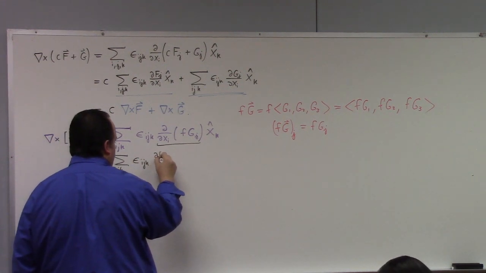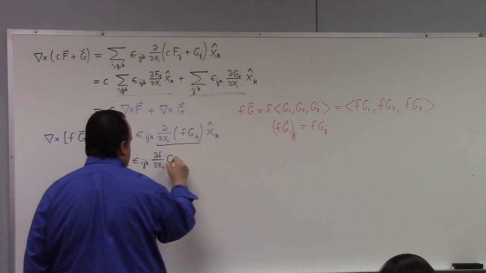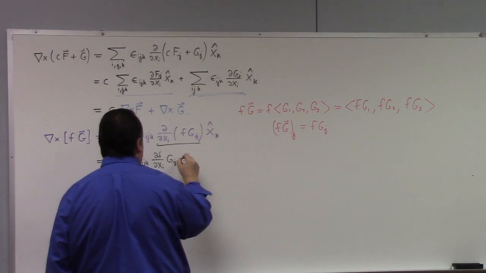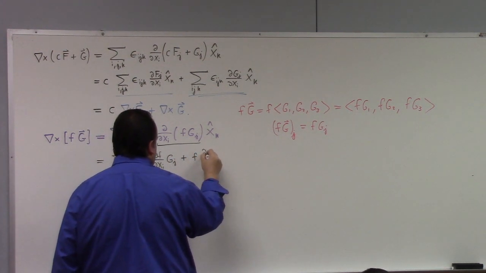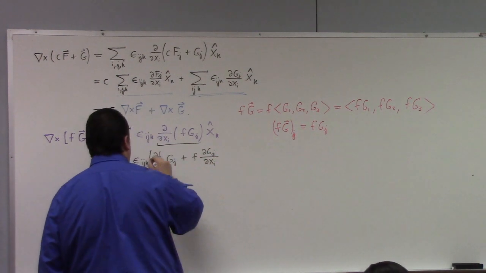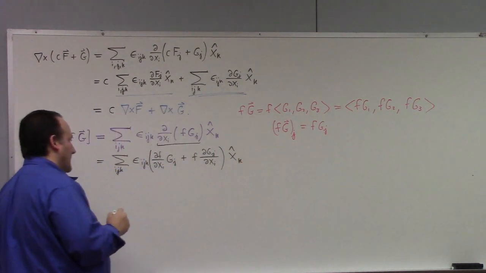So we've got partial f, partial x sub i times g_j, plus f times partial g_j, partial x_i, all of that times my x hat sub k.